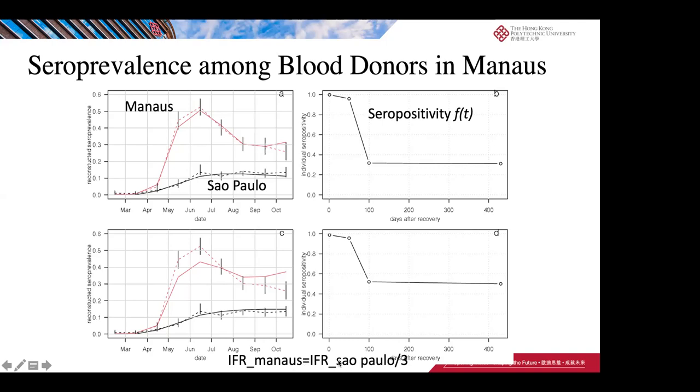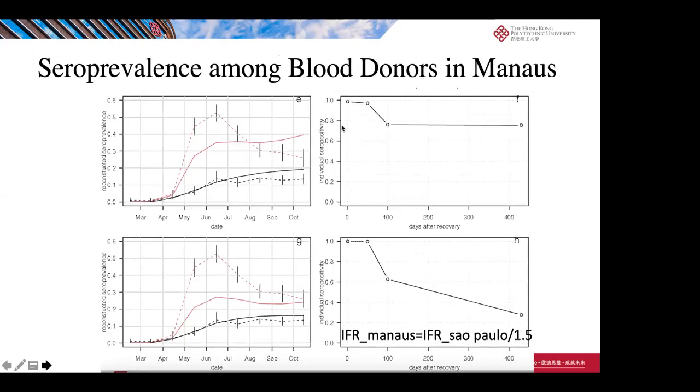It's questionable. Also, it is questionable whether the serological positivity drops so fast. And further, if you assume the drop might not be that fast, the matching completely fails.